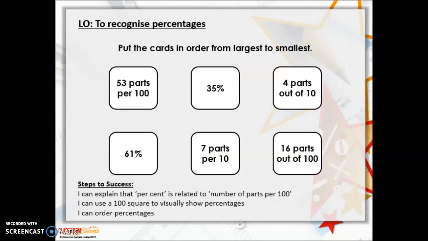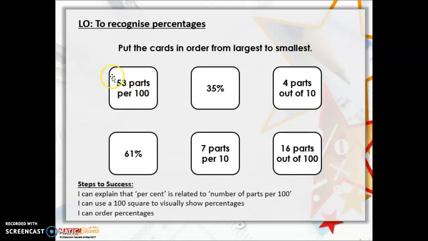One more question. Put the cards in order from largest to smallest. Now the largest percent will be 100%, the whole thing. So when you're putting in order from largest to smallest, we want the number that's closest to 100. The smallest will then be closest to 1%.